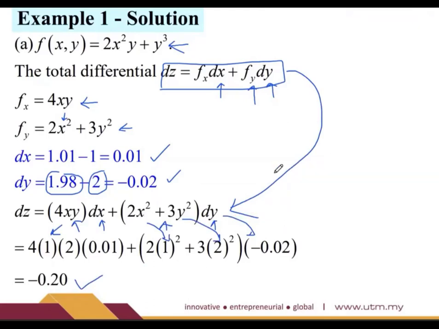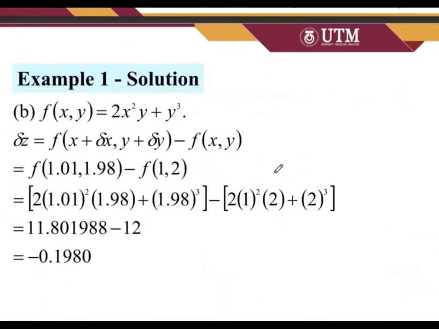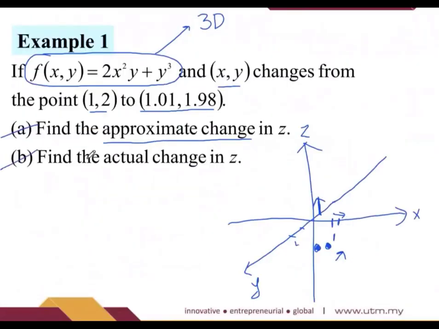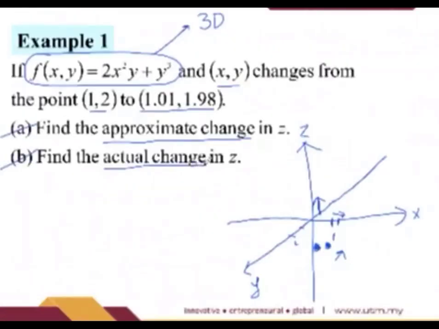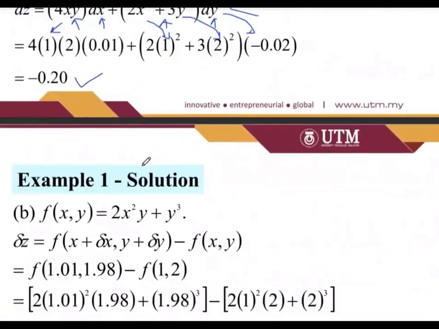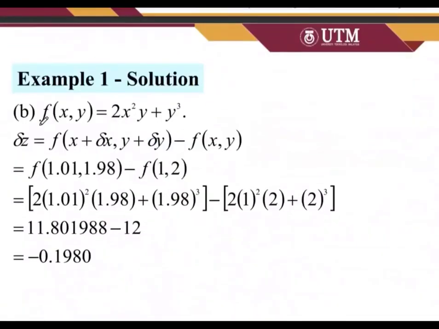Next we look at example 1b. The question asks to find the actual change in z. If we talk about the actual change, there is no need to differentiate. You just put in the values.